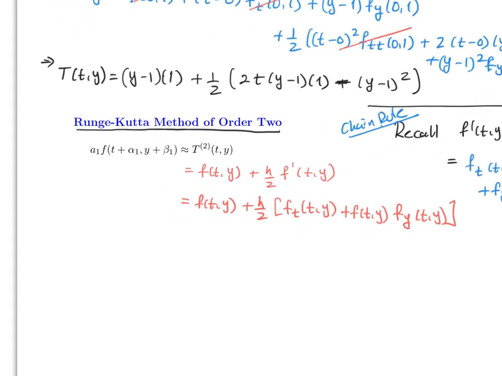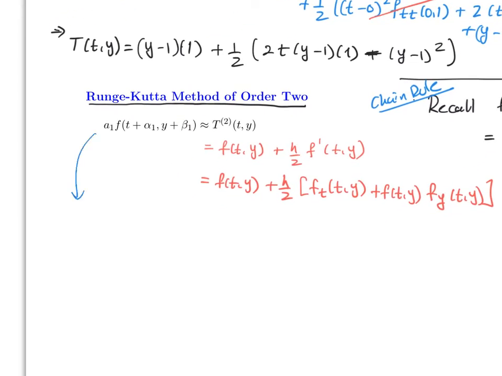What about this side? Remember, this is a1 f(t plus alpha 1, y plus beta 1). So what happens to this side is you expand it in the Taylor polynomial in two variables.